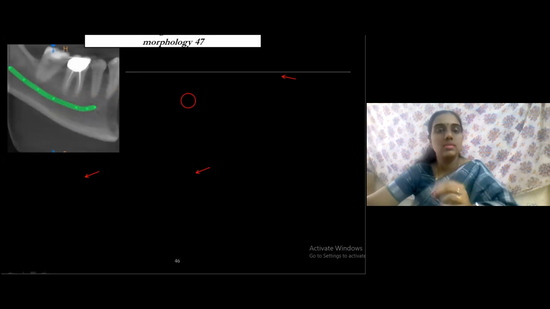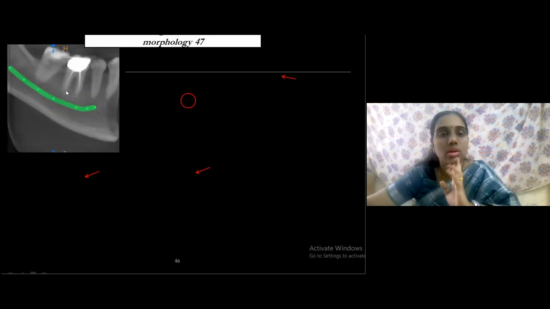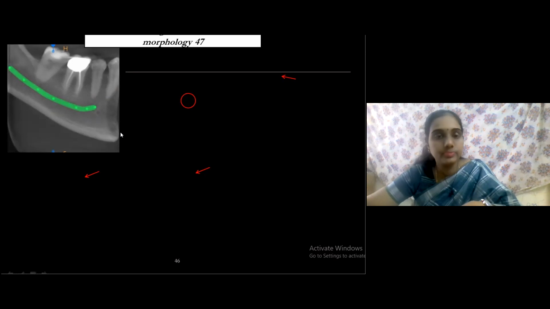So in this case, yes, this root canal is well done, and this patient was referred for constant pain in relation to 4-6, and then CBCT was taken.